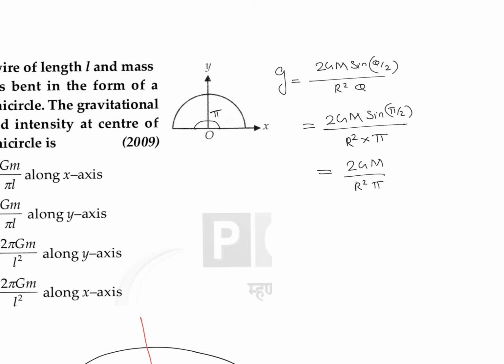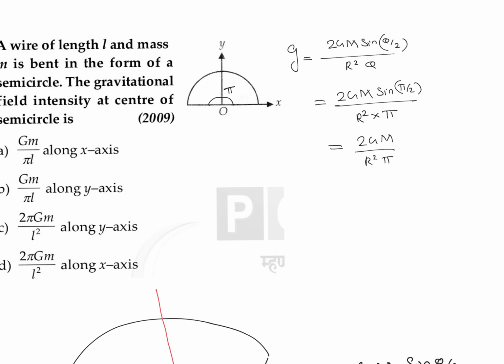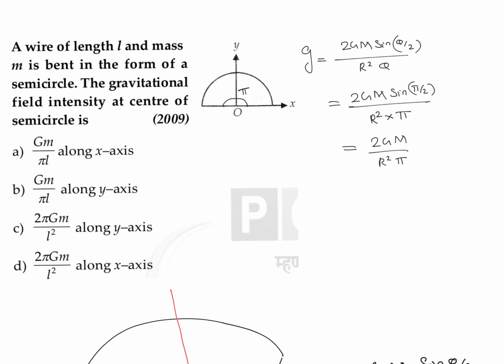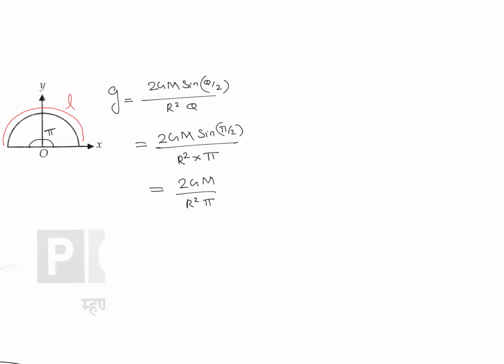But here you can observe that the value is not given in terms of r, but it is given in terms of L. Here L is the length of this arc, and if its radius is r, we can write L equal to the length of the semicircular part, that is equal to pi r.